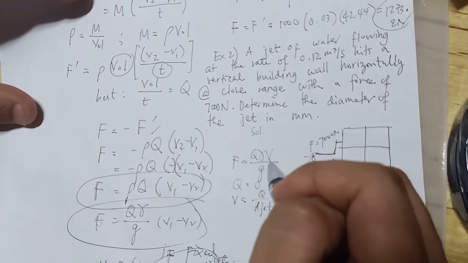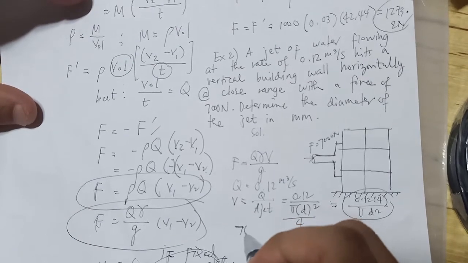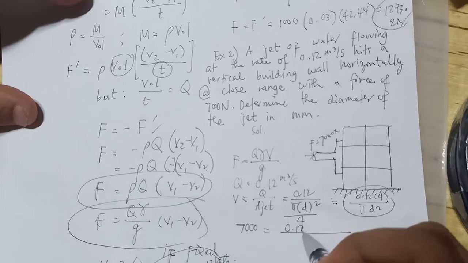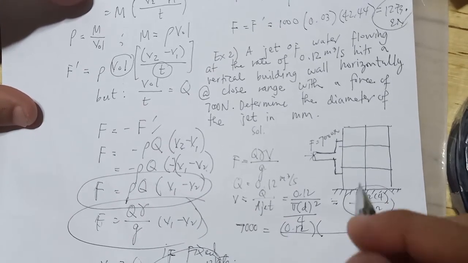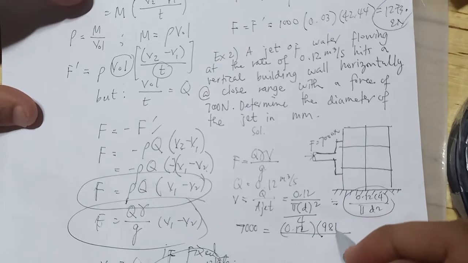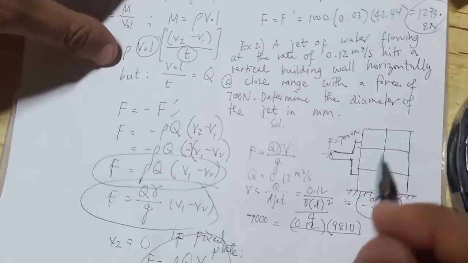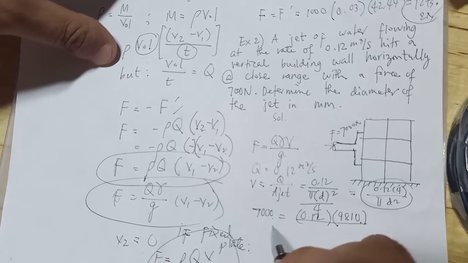So input natin dito, and there's a force given, diba? 7,000 equals 0.12, diba, discharge. Unit weight natin would be 9,810, right? Kasi naka-Newton naman to. So, we need Newton here. Kung 9.81, kilonewton na.